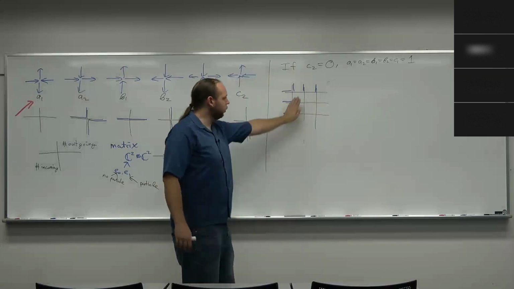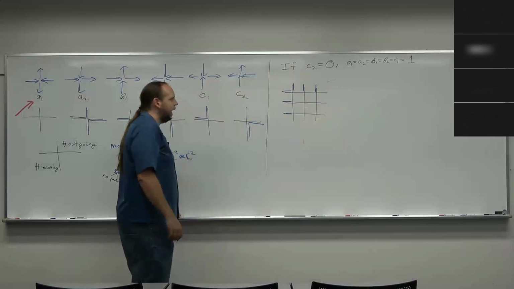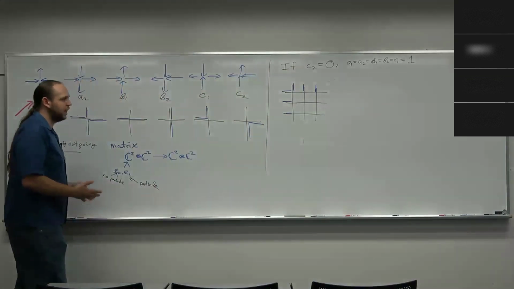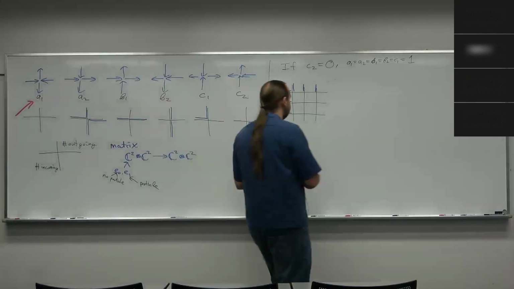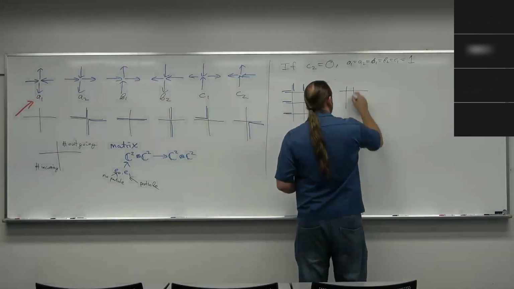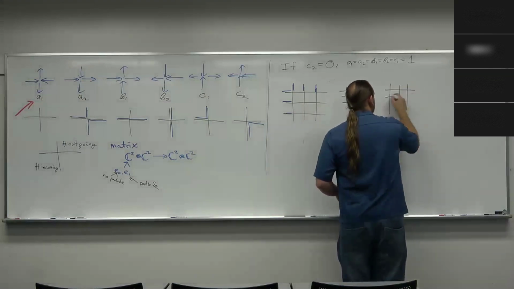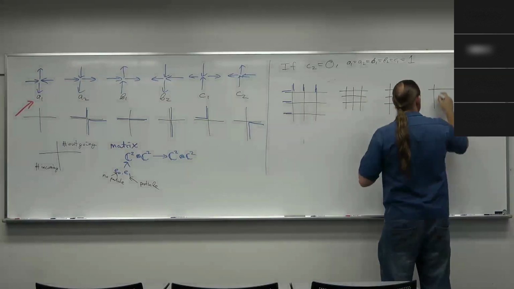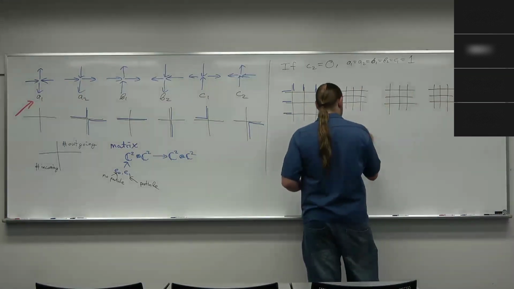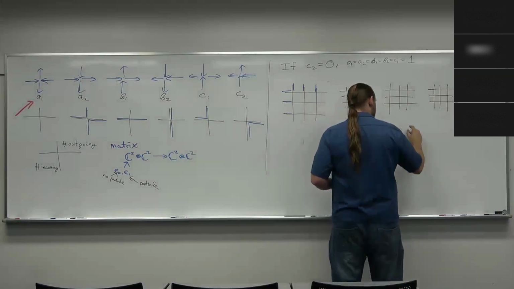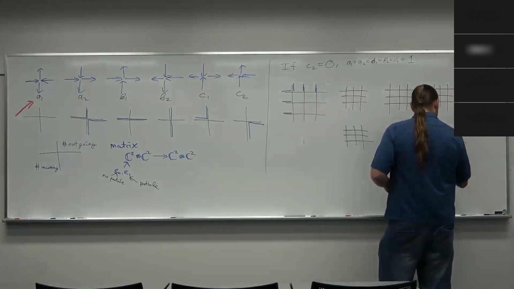No particles come in at the bottom, no particles exit on the right. And all I want to do is count the number of states that are possible. So now I'll draw this just a little bit smaller so I can count things a little better.